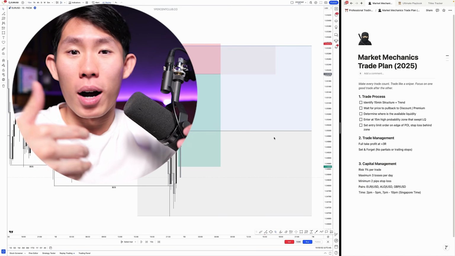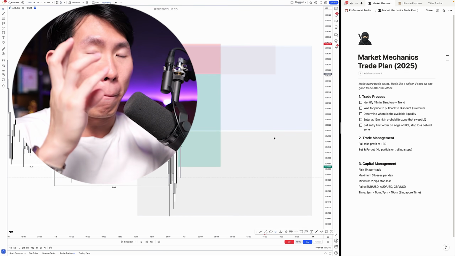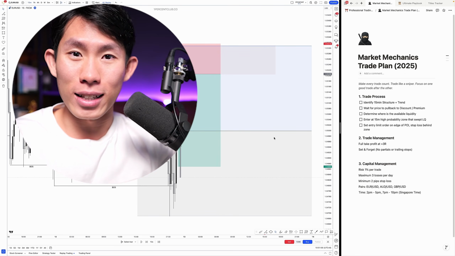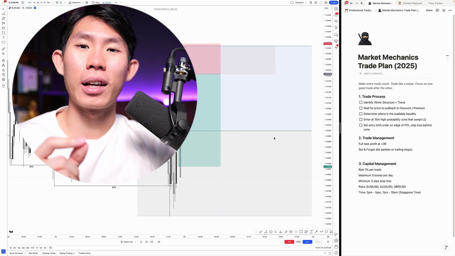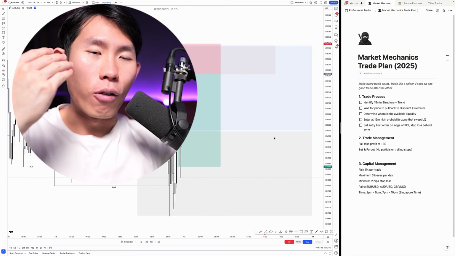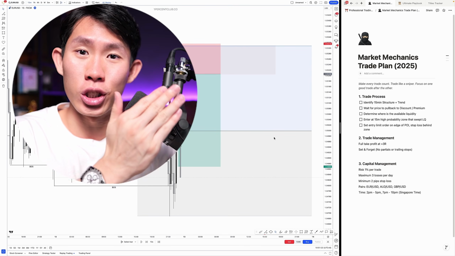No, I spent the past 5 years in the markets engineering this market mechanics trading strategy, and trust me when I say that it's proven to be working. The only reason I can be so confident in my trade plan is because I have countless spreadsheets of data that actually prove that this trading strategy works.